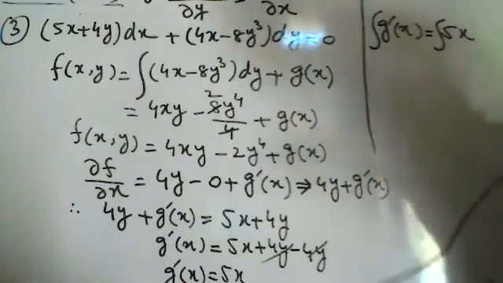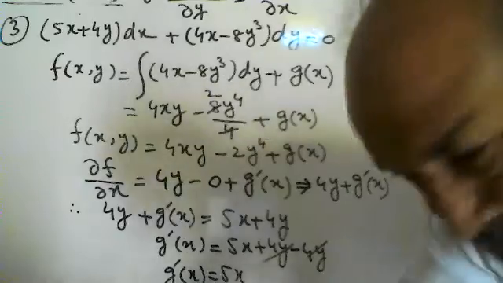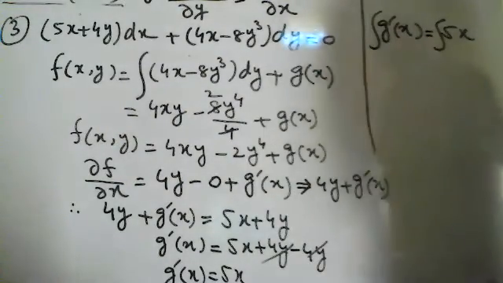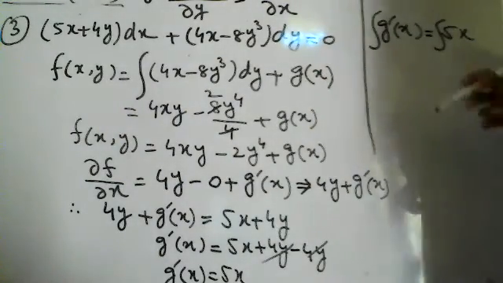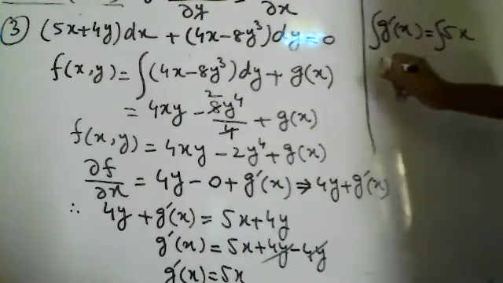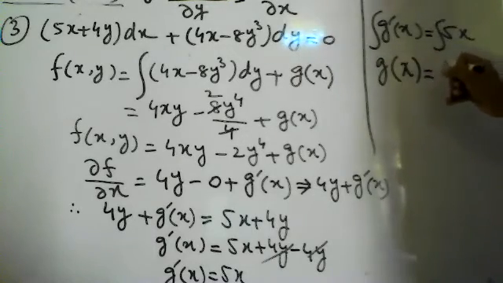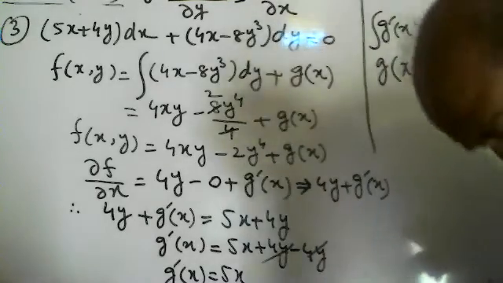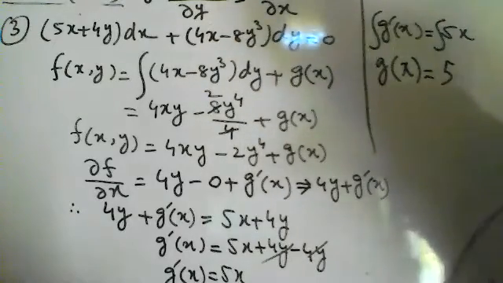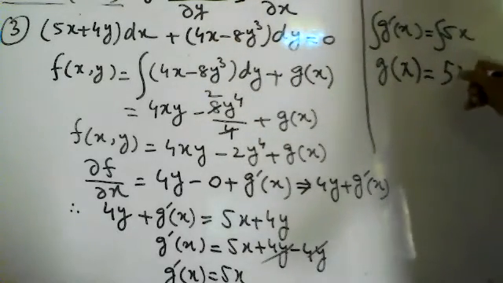Okay, we will integrate both the sides. It will become 5x square upon 2.